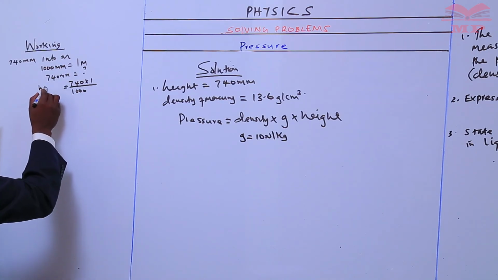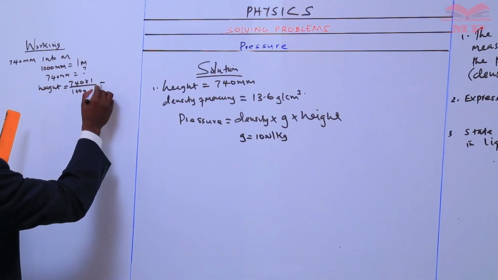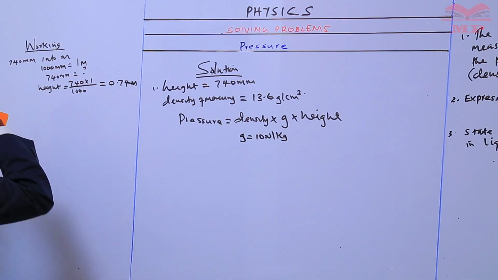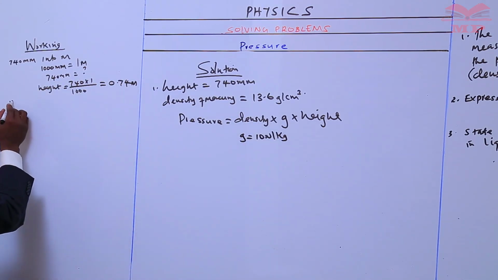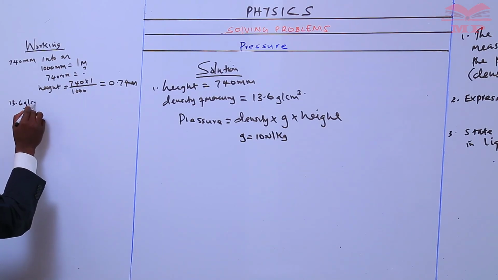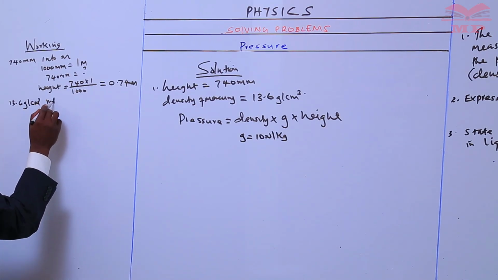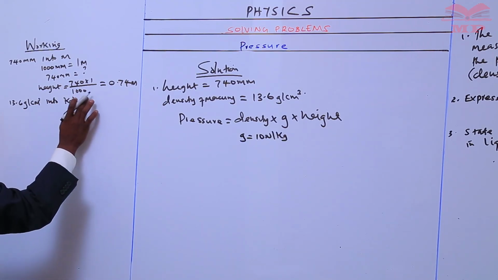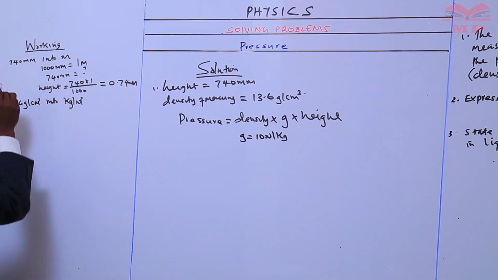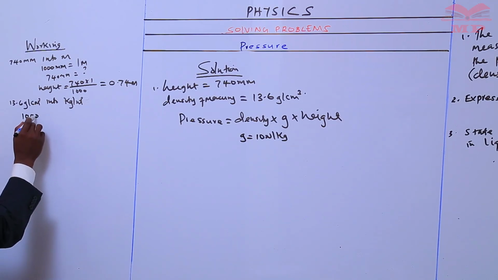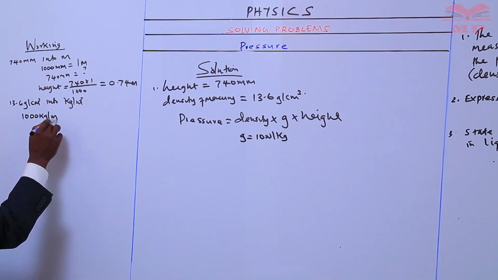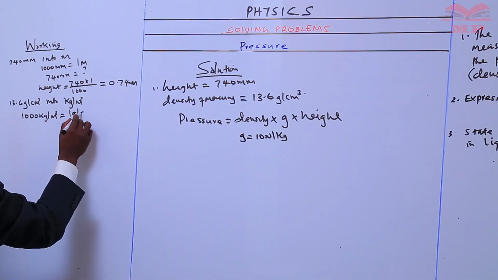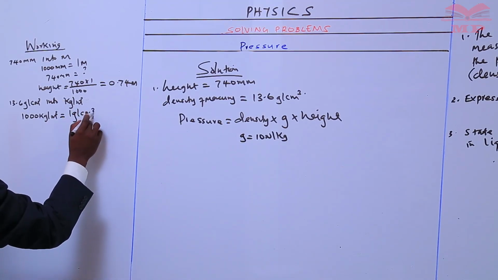This height is 0.74 meters. Then we have density, that is 13.6 grams per cubic centimeter into kilograms per meter cubed. We always say 1000 kilograms per meter cubed is equal to 1 gram per centimeter cubed.